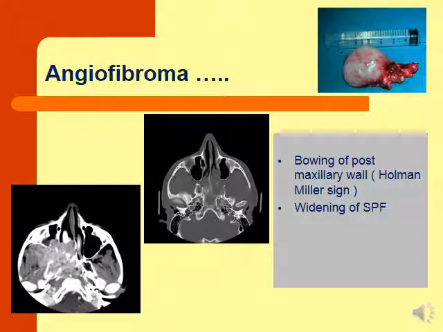On imaging, you will find that the posterior wall of the maxillary sinus is pushed anteriorly. This is what we call the Holman-Miller sign. The angiofibroma arises in this area just behind the maxillary sinus, and it widens the sphenopalatine foramen.